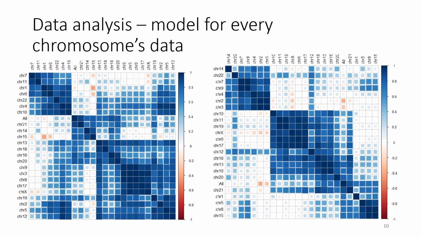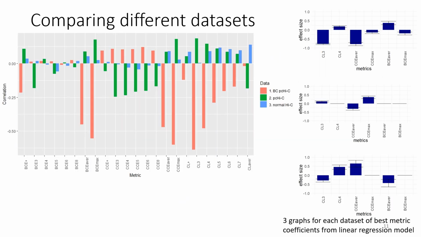One might expect that our metrics would perform similarly in all chromosomes. However, if we look at how well our metrics perform in different chromosomes, we can see that chromosomes cluster into groups. There are visible correlations between certain metrics and tissue relatedness, especially in the blood cell PC Hi-C dataset 1.